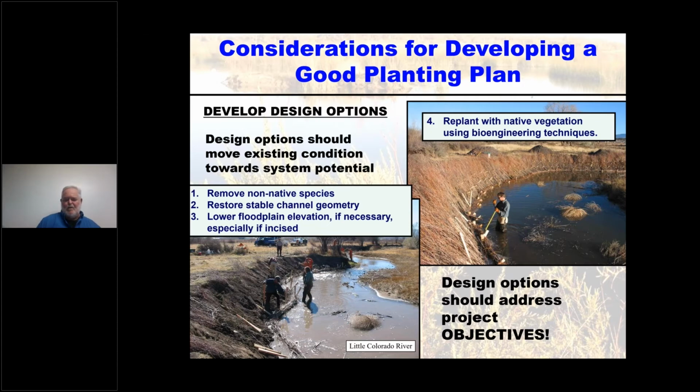Sometimes this is pretty important, especially when it's incised, and you need to get that floodplain down so it actually is effective and works with the stream. And the fourth part is to replant the native vegetation using bioengineering techniques and treatments. And remember, these design options here should address what the objectives are.